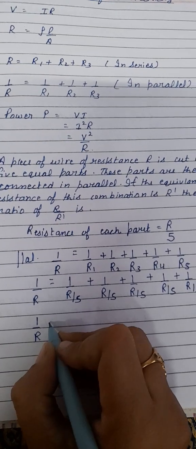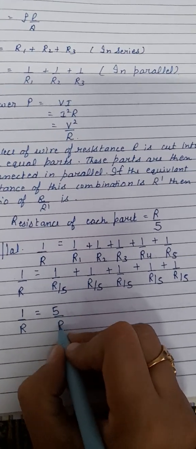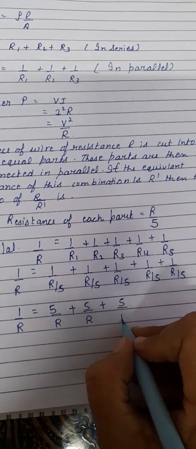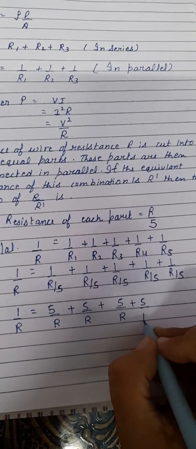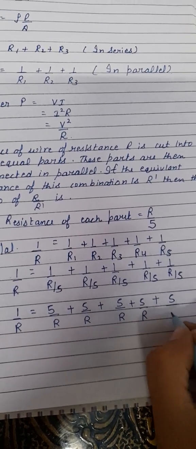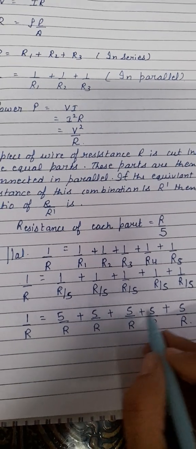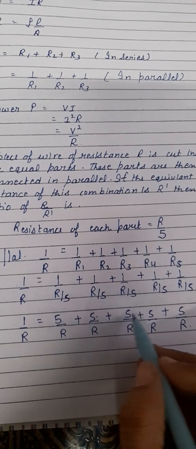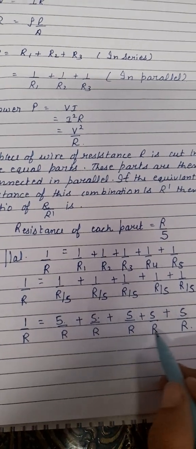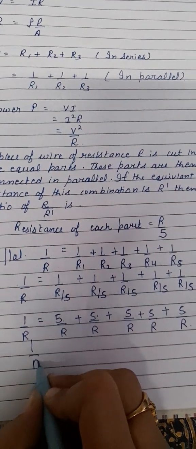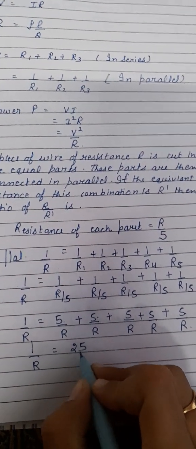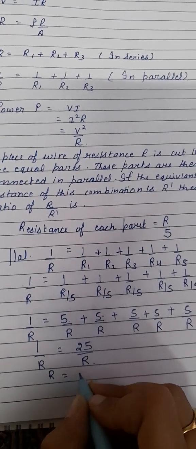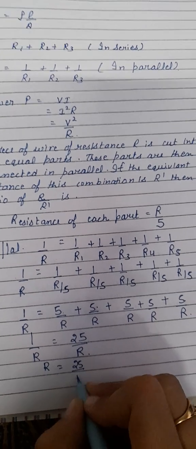Then 1 by R equals 5 over R plus 5 over R plus 5 over R plus 5 over R plus 5 over R. Here the 5 resistances are each 5. 5 plus 5 is 10, 10 plus 5 is 15, 20 and 25, because the base is the same. Then 1 by R equals 25 over R. Next, take the reciprocal, then R equals R over 25.